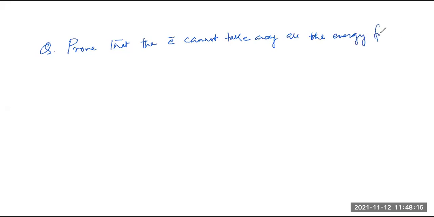The question is: prove that the electron, the recoil energy, the electron cannot take away all the energy from the photon. This is the kind of question that you can expect.